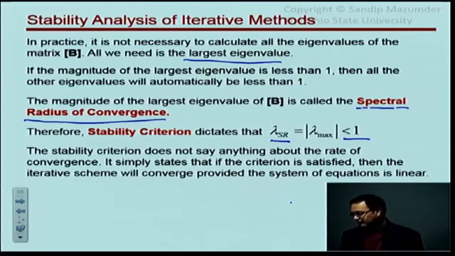The stability criterion doesn't say anything about the rate of convergence. It simply says whether a system will converge or not. It doesn't tell you that if the eigenvalue is 0.8, and some other method has 0.9, then 0.8 is better than 0.9 and therefore will converge faster. No, it doesn't tell you that.